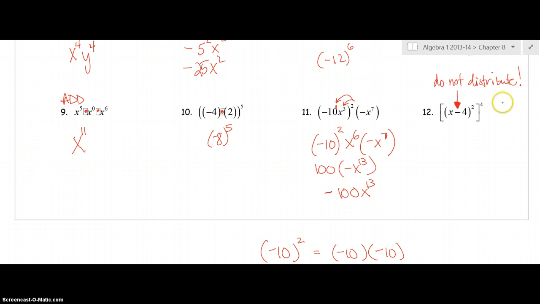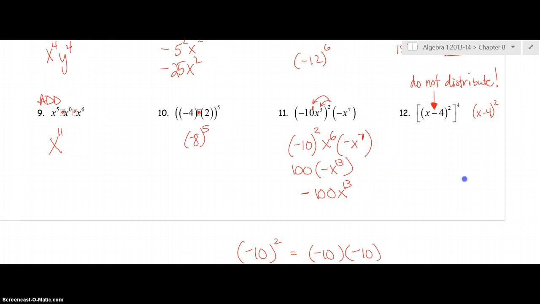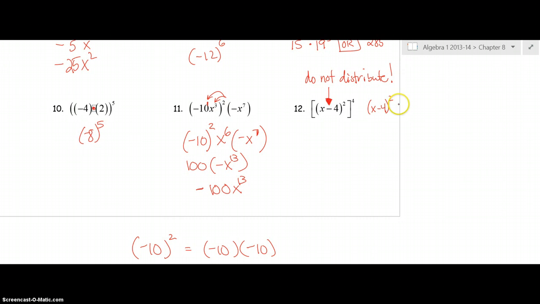Okay? If you have x minus 4 squared, that does not equal this. It does not square both pieces.